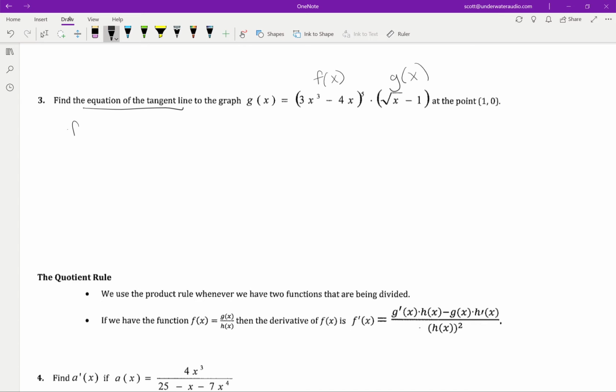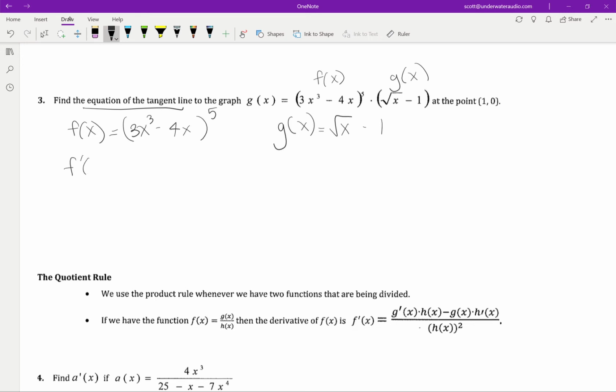So f of x is equal to 3x cubed minus 4x to the fifth, and g of x is going to equal square root of x minus 1. And I'll take the derivatives.